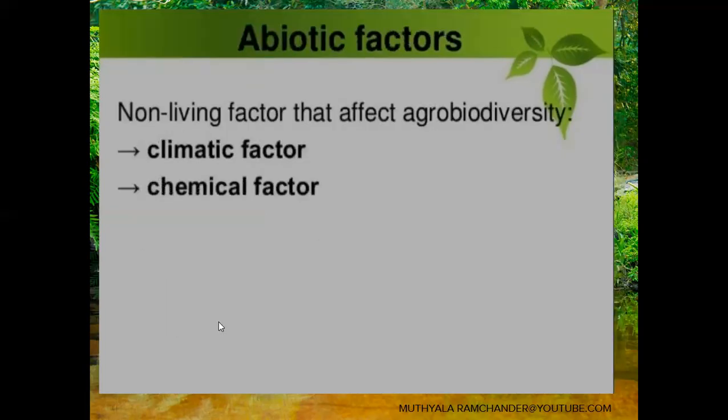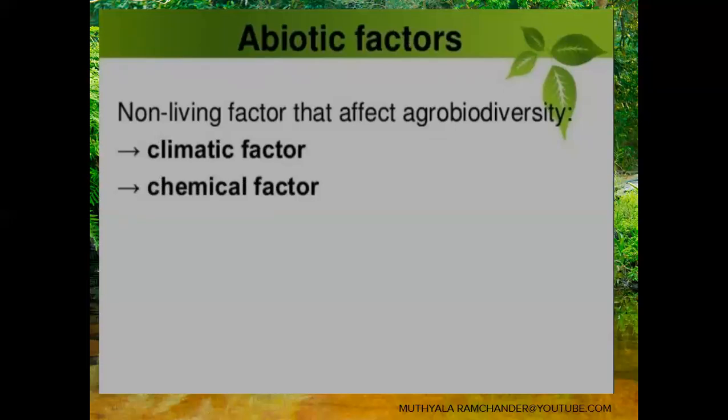The next factor is abiotic factors, non-living factors that affect agrobiodiversity, like climatic factors and chemical factors. Climatic factors means light, temperature, air, soil. These are called climatic factors.